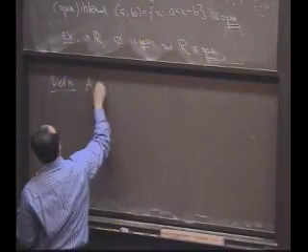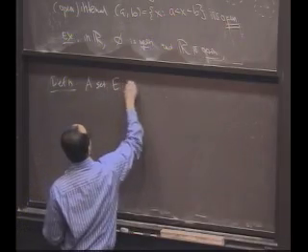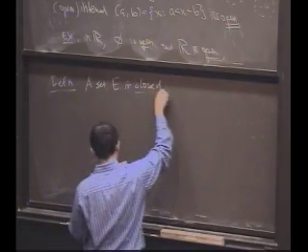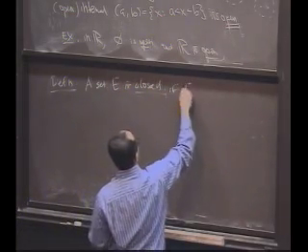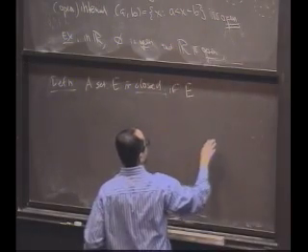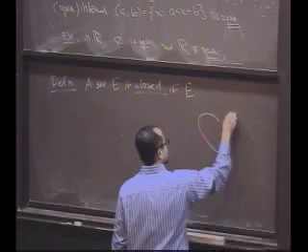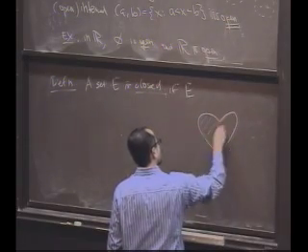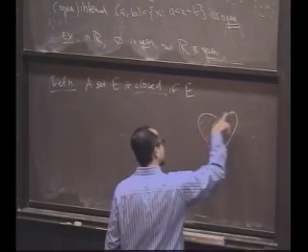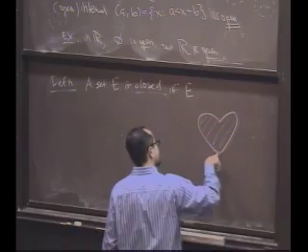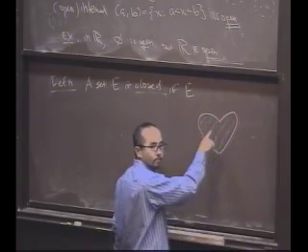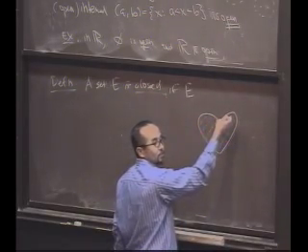Definition: a set E is closed if E contains all its limit points. Now, the picture of a closed set is something like this. It's some set that contains, in some sense, all its limit points.